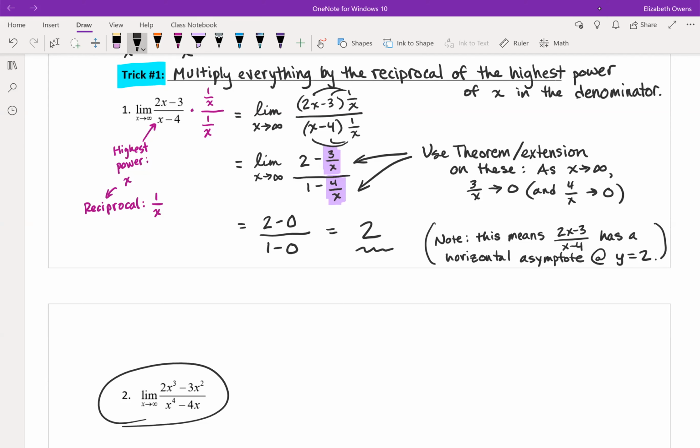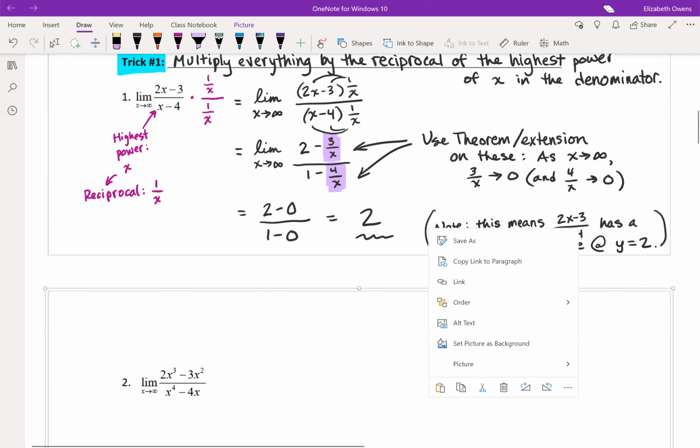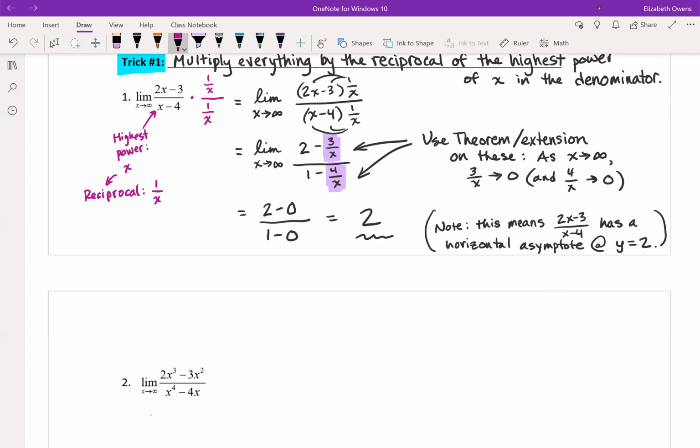We're going to take the limit as x approaches infinity of 2x cubed minus 3x squared over x to the 4th minus 4x. We identify our highest power of x in the denominator. That part should be pretty straightforward. It's right here, x to the 4th. There's our highest power.